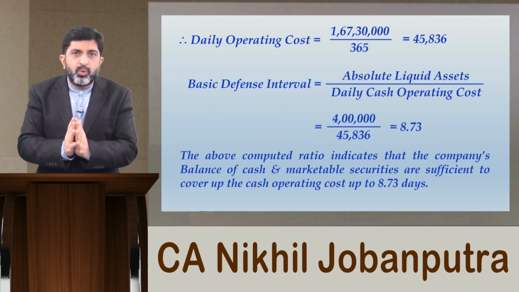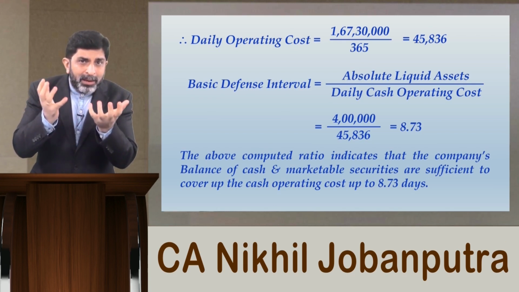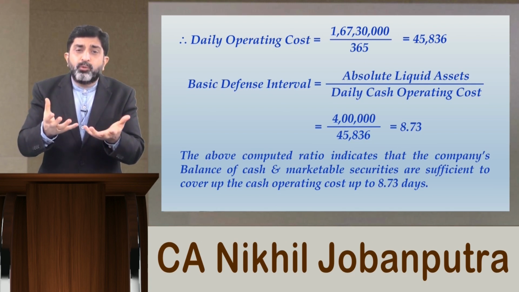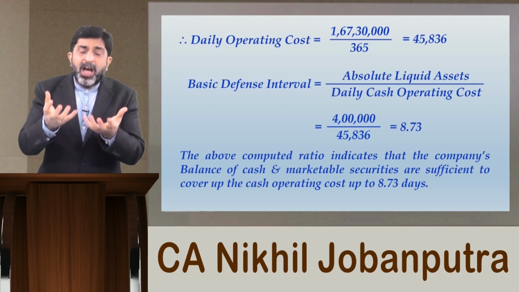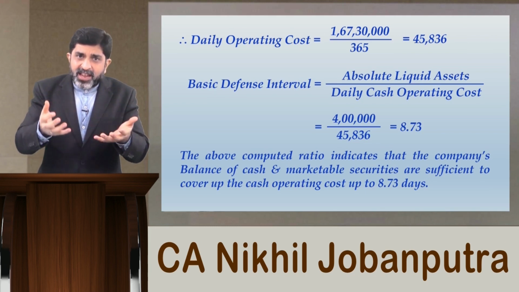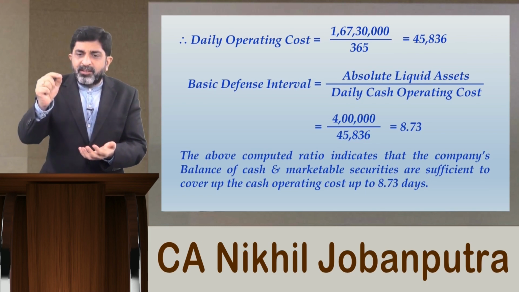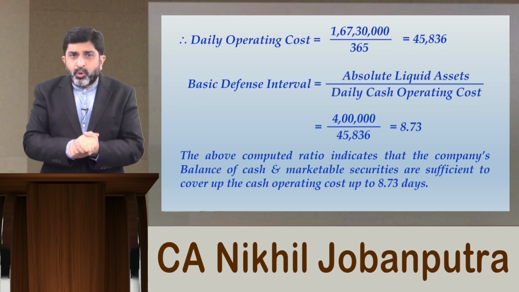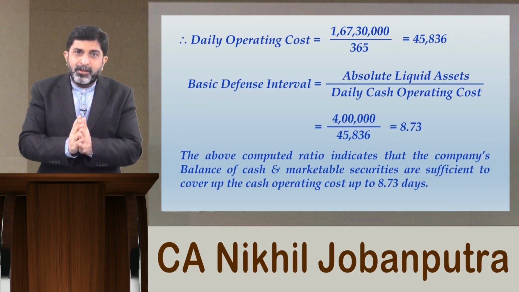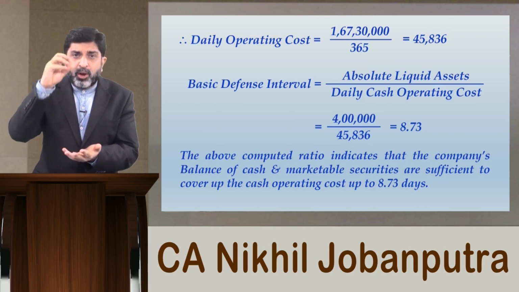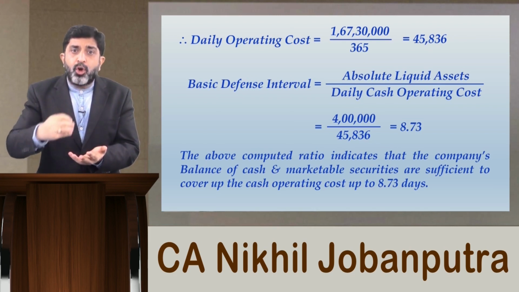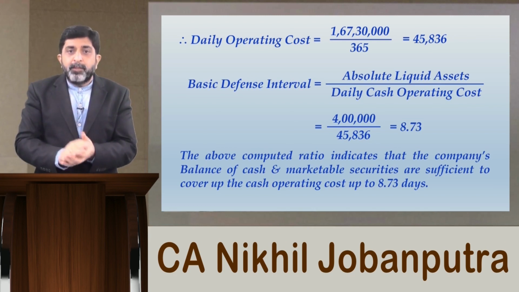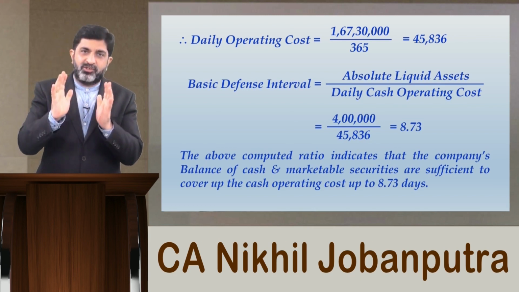I would want to know how long my available balance of 4 lakh rupees of cash will sustain. So in our calculation, it is 8.73 days. That means approximately 8 to 9 days I can manage. So if the government is imposing a lockdown for a period longer than this, then I know that I will be in trouble. Until this, I can manage.